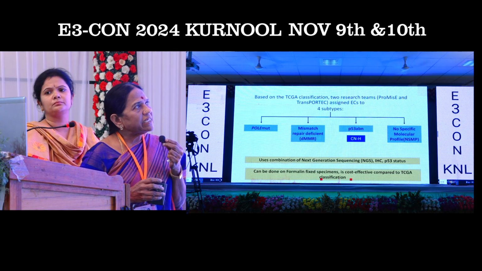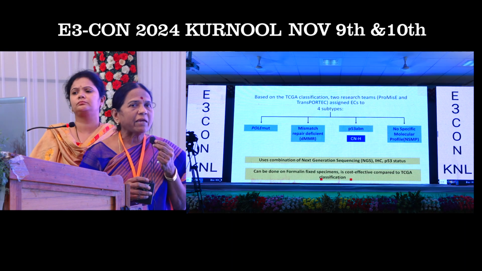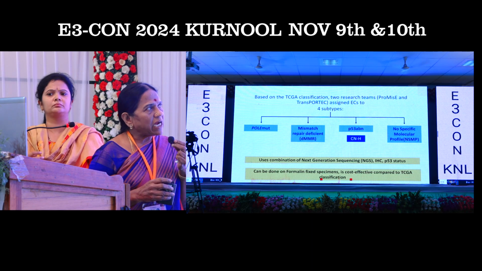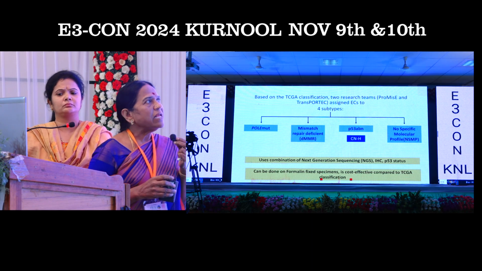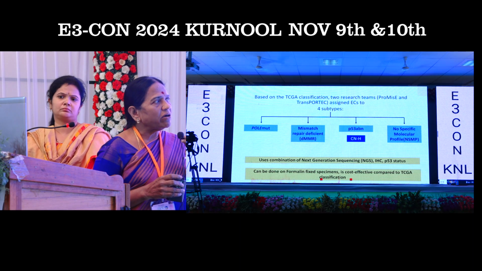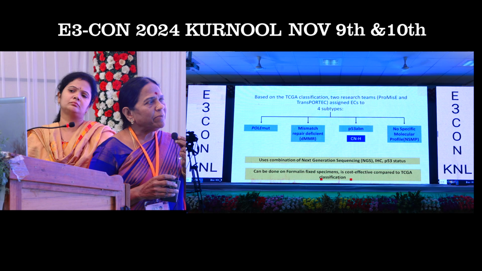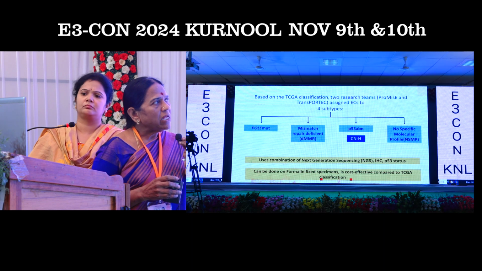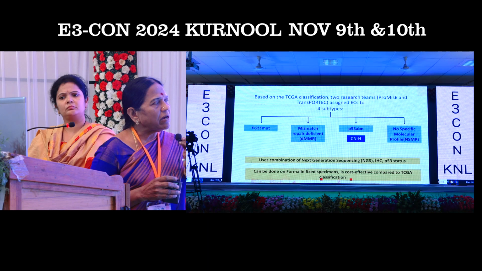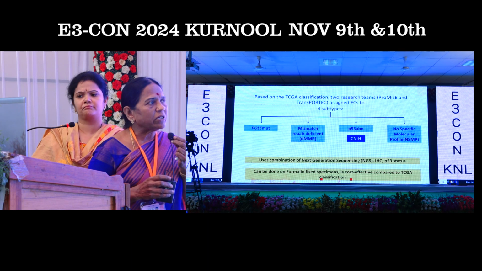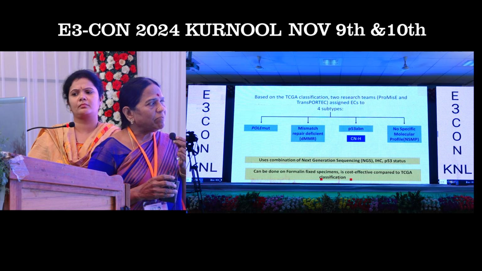Based on the TCGA classification, 2 research groups came into view, those are ProMisE and TransPORTEC, assigned endometrial carcinomas. They are further subdivided as 4 types: POLE mutated, mismatch repair deficiency, that is called dMMR, and P53 abnormality, and no specific molecular profile, that is called NSMP. Out of these, 3 belong to the low copy number, whereas only P53 abnormality belongs to the CNH, that is copy number high.